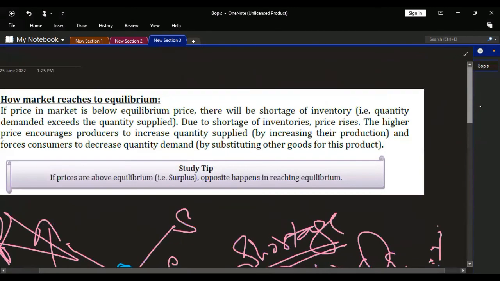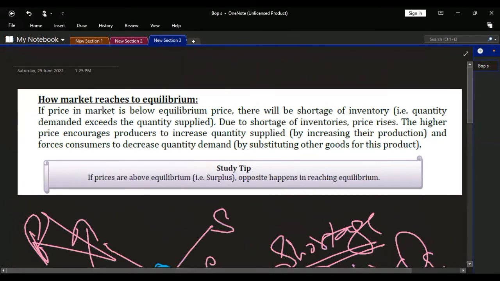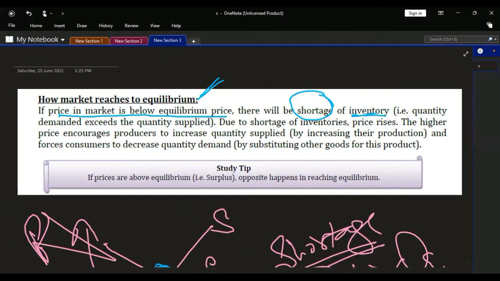Let's study them from notes. How the market reaches the equilibrium position. If the price in the market is below the equilibrium price, there is a shortage in the market regarding the stock or inventory of the product because quantity demanded exceeds quantity supplied.